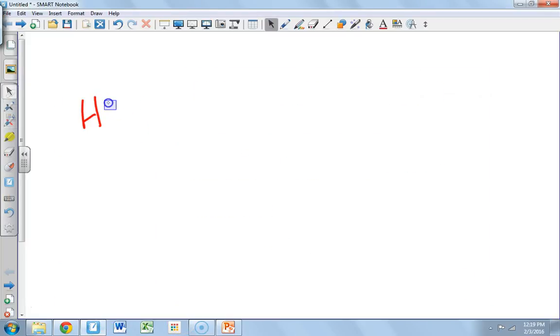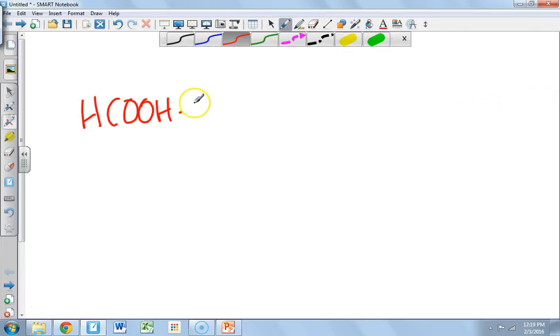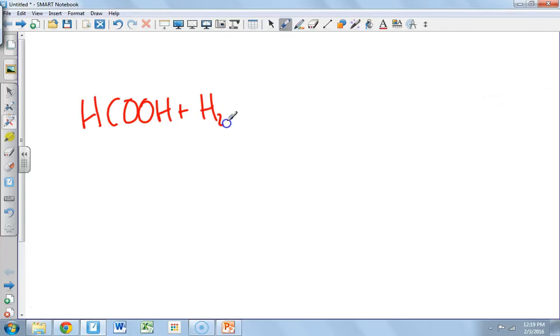So formic acid, HCOOH, plus H2O is in equilibrium with H3O+ and COOH minus here.